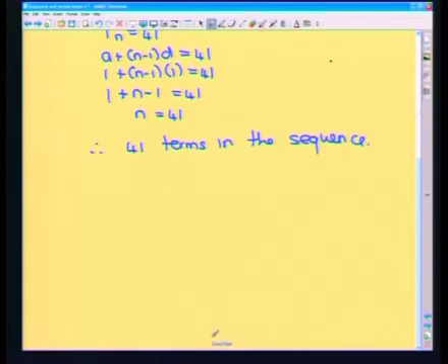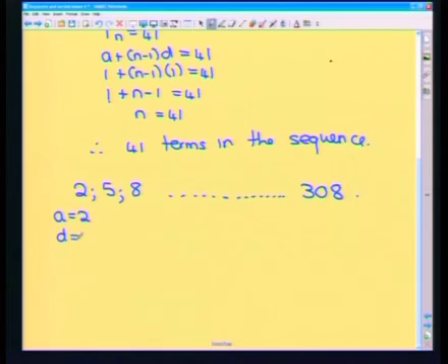Just to show you that this would work on a more complicated one, let's take something like this: 2, 5, 8, and say I say to you, how many terms in that sequence? Now, obviously, you can see this is not so easy to tell. So the first thing I would do is say a is 2. My difference each time is 3.